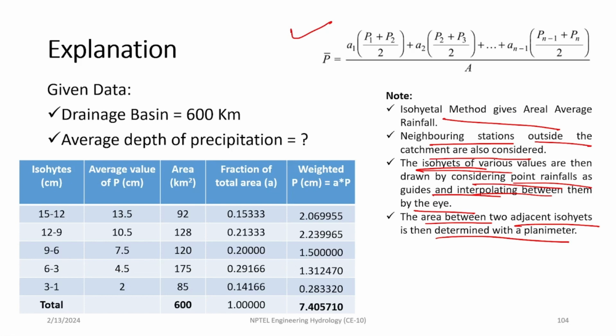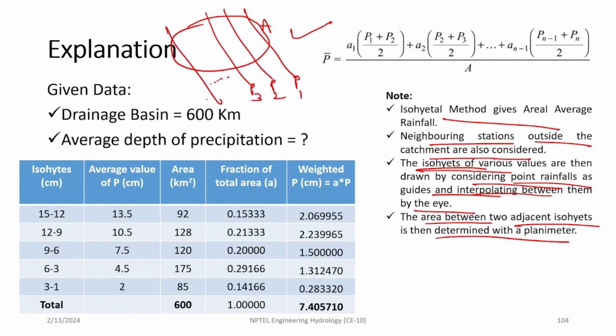So for this question, what we are basically trying: if we are having a catchment of area, let's say A, and we are having interpolated ISO heights, let's say P1, P2, P3, and let's go on up to Pn.